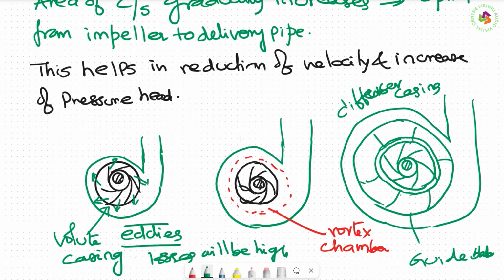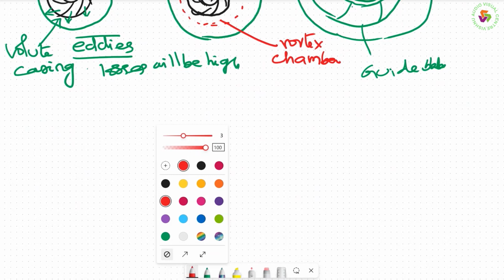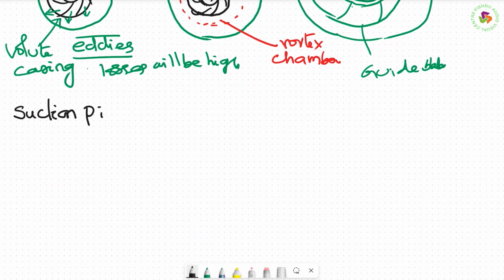Once the casings are over, the third component in the case of a centrifugal pump is what we call the suction pipe. What is the suction pipe?